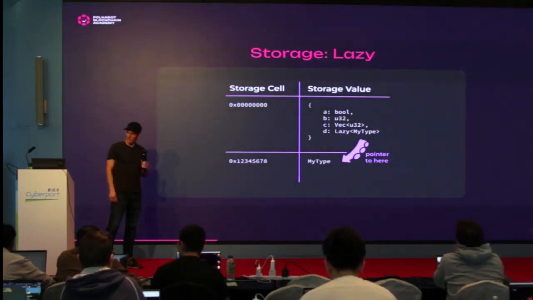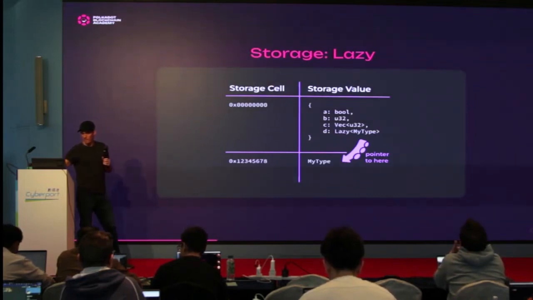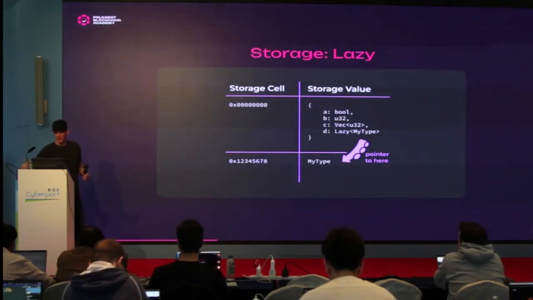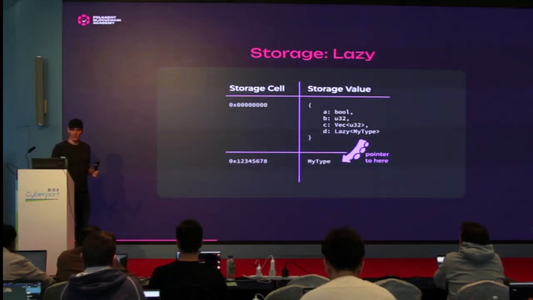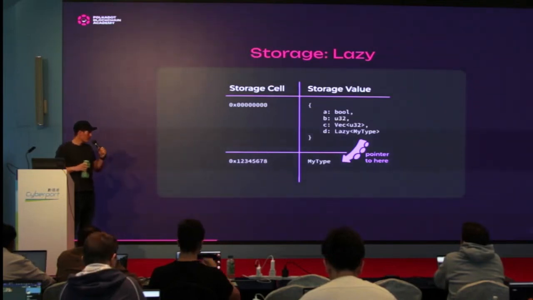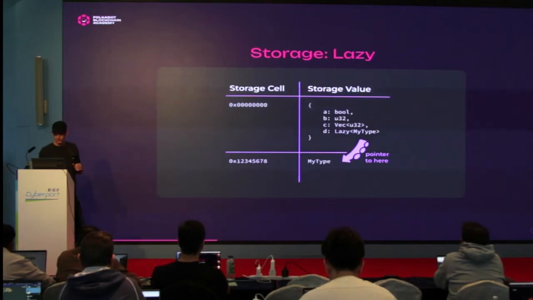So if your value is, for example, the u32, it means you have to decode the bool and the u32 and then you get your value. But if your value is on lazy, it won't decode the bool and the u32. It just goes to lazy, considers it a pointer, then goes to the cell to decode the value, right? It will skip all the decoding. Yeah, that's correct. So it saves gas for computation, right? But then you have to read another storage entry.